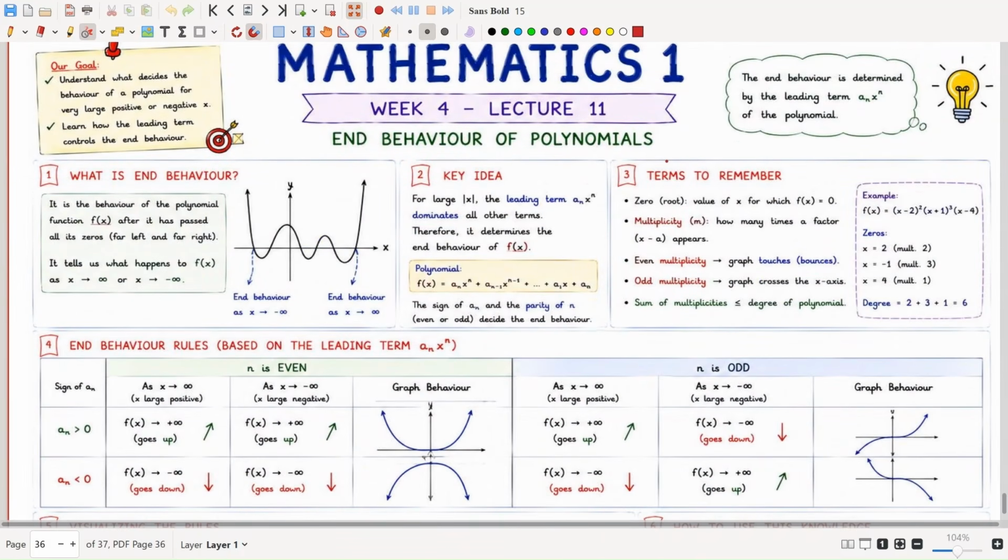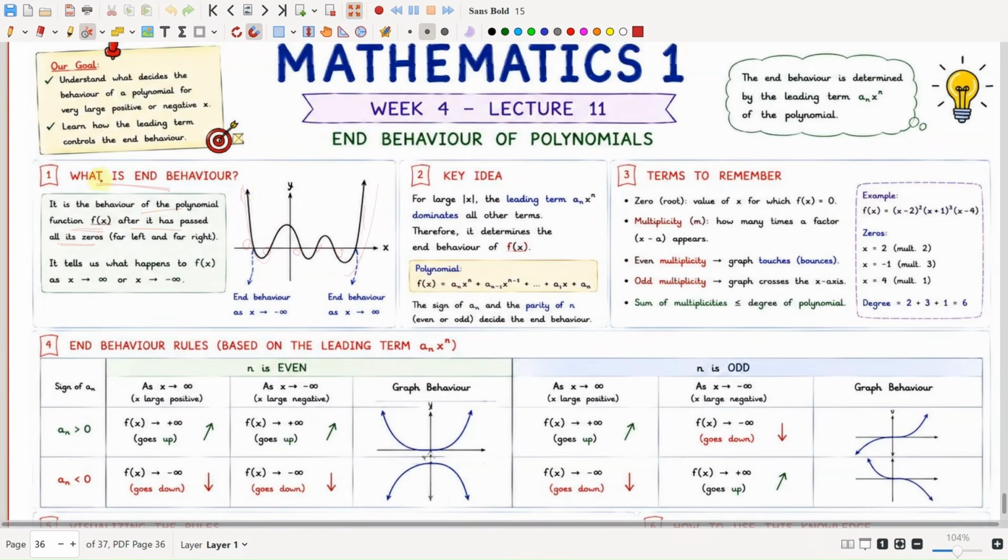Let's move on to the end behavior of polynomials. End behavior is the behavior of the polynomial f of x after it has passed all the zeros. After touching all the zeros on the x-axis, what will be the end behavior?